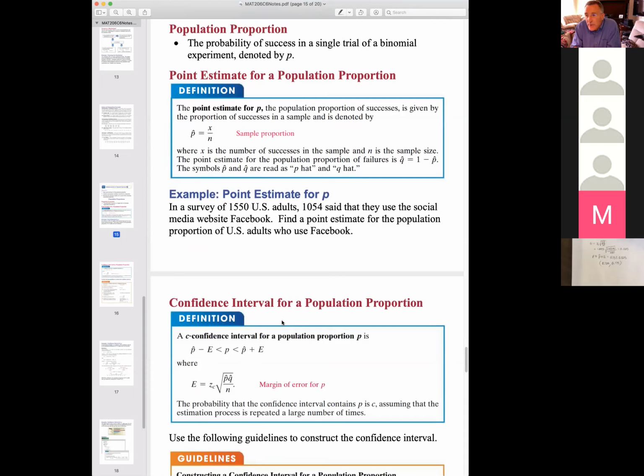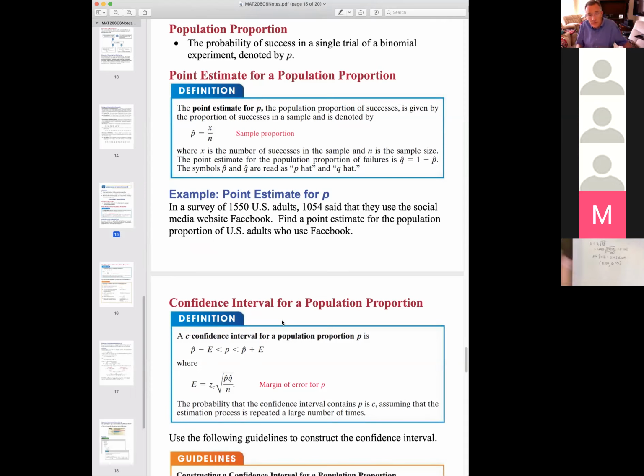And so what we do is we take a sample. They took a sample of 1,550 US adults, and out of those, 1,054 said they used it. So if you want to know what the proportion of the whole population is, we can just use this for a point estimate.